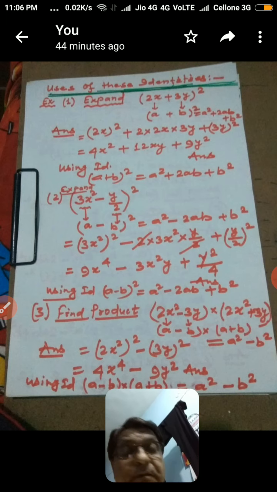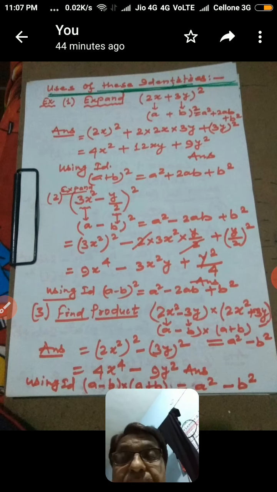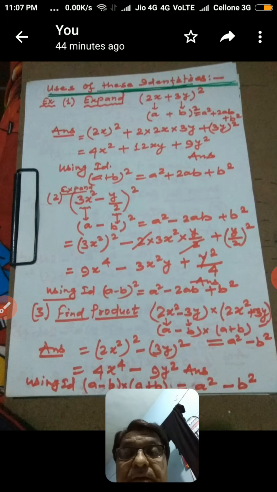Now one more question there. Find the product of two given brackets, where inside the brackets there is 2x square minus 3y in one, and 2x square plus 3y in the other. Again you treat 2x square as a, 3y as b.